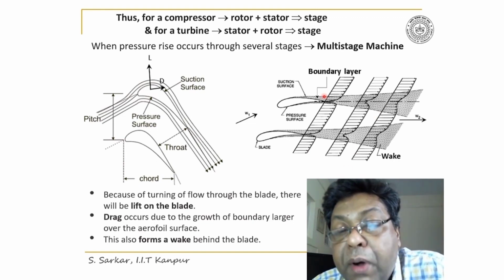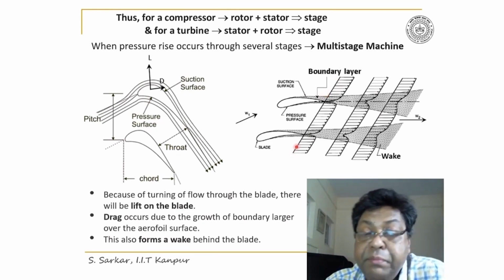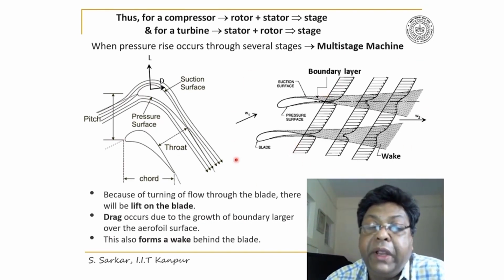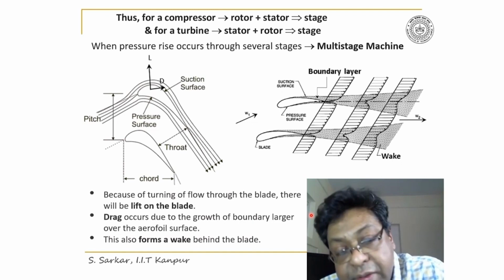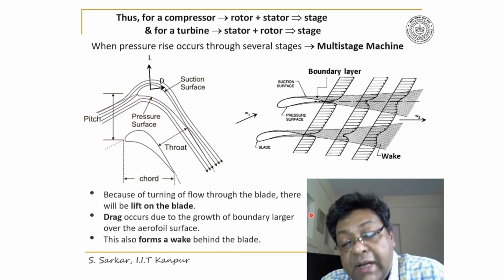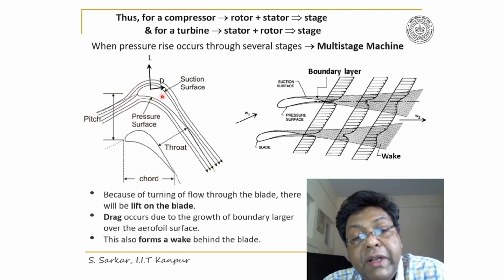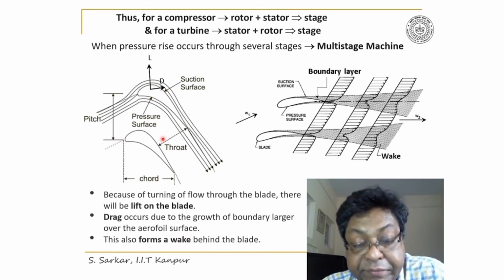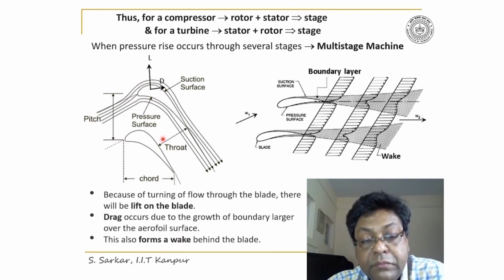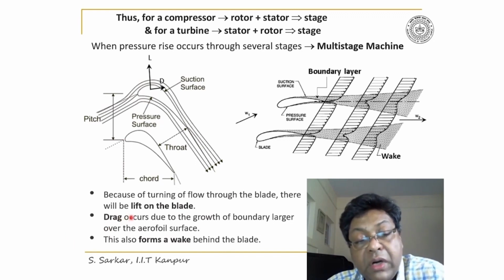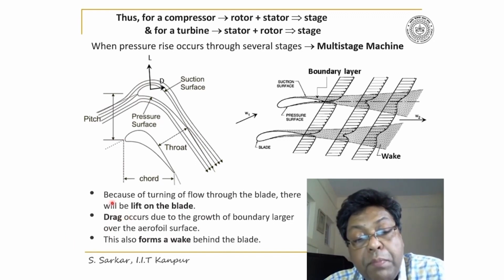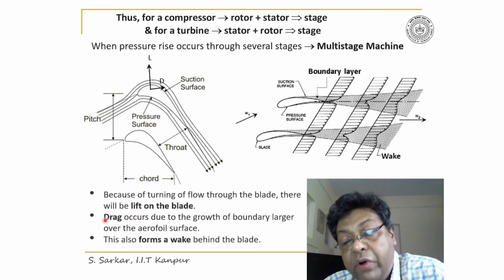Because of this boundary layer formation and the mixing of the wake behind the blade, there will be a loss. Thus, drag will develop on the blade surface. So I have written here that it occurs due to the growth of the boundary layer over the aerofoil surface.